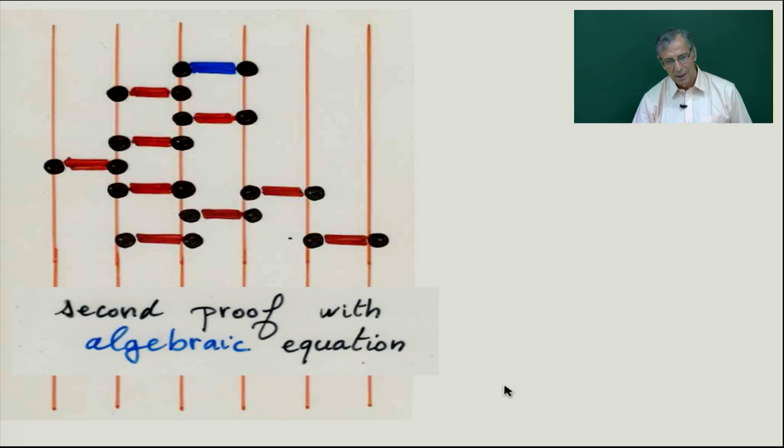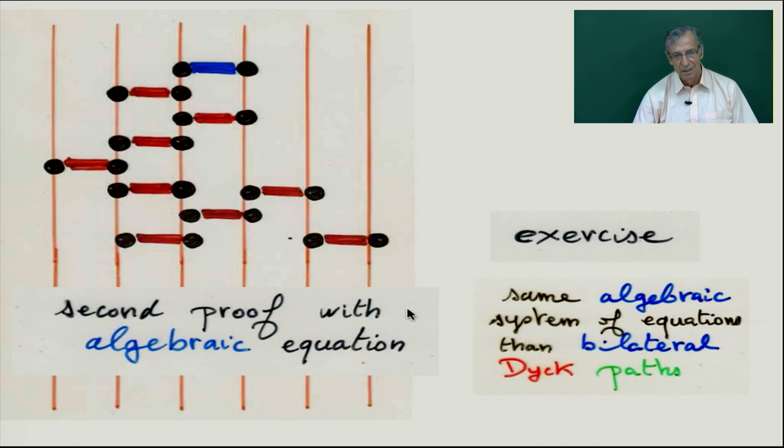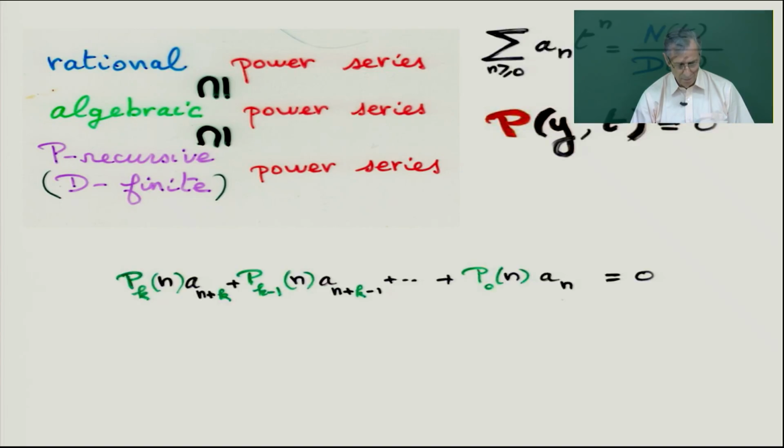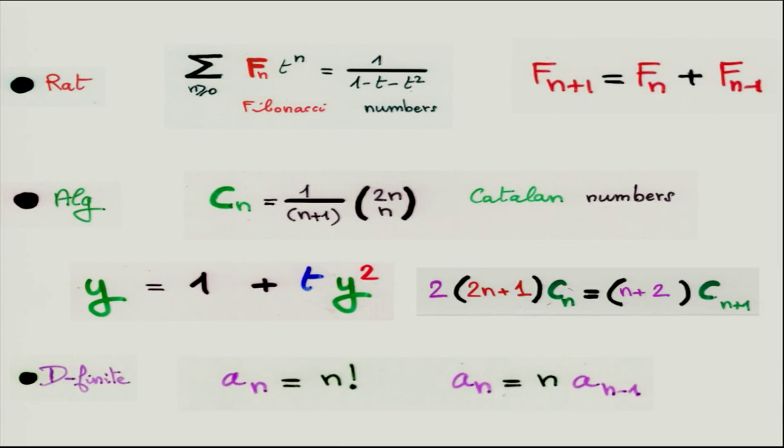And now the exercise is to give a second proof with an algebraic equation. So exercise: find an algebraic equation for Dyck paths, an algebraic equation for this, and get a proof that it's the same system of algebraic equations. Okay, I think maybe I will do this next time. Okay, so that's the end of the class. Thank you.